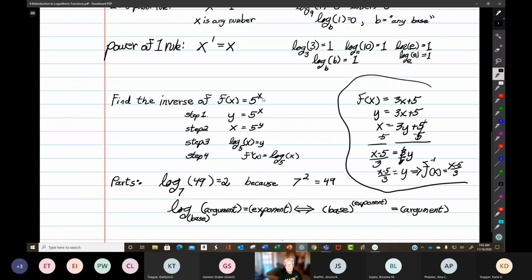This is an exponential function. So step 1, we change f of x to y, so that we have y equals 5 to the x. Step 2, switch the x and the y. X equals 5 to the y power.